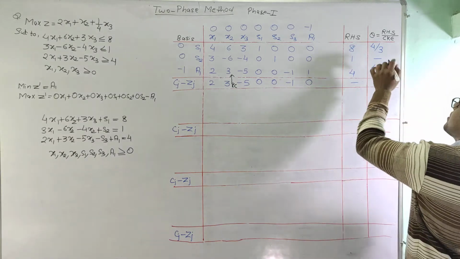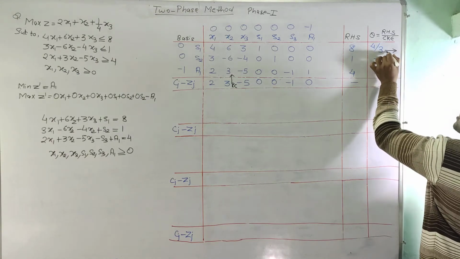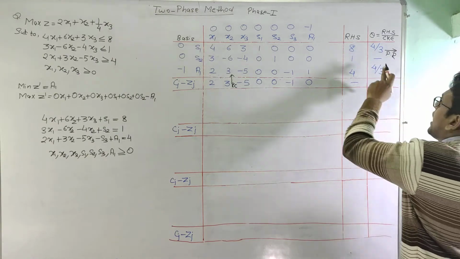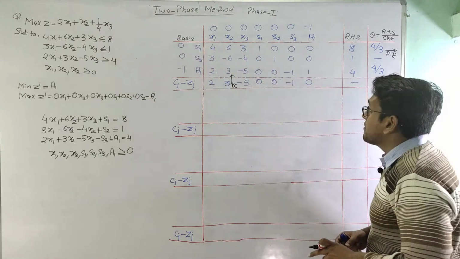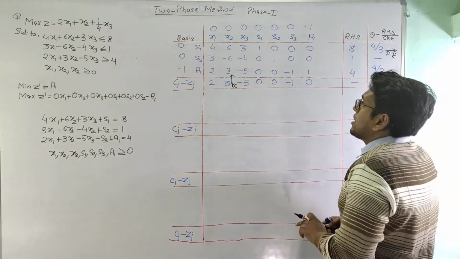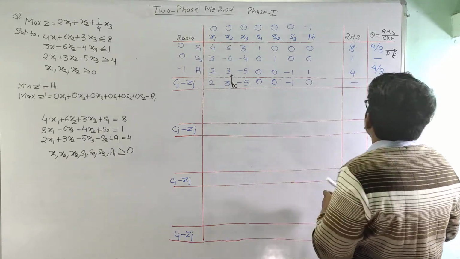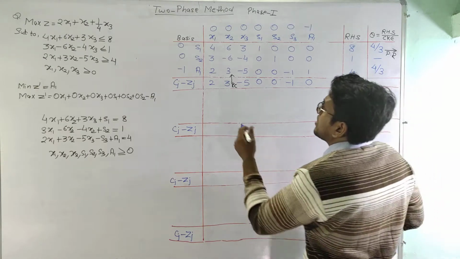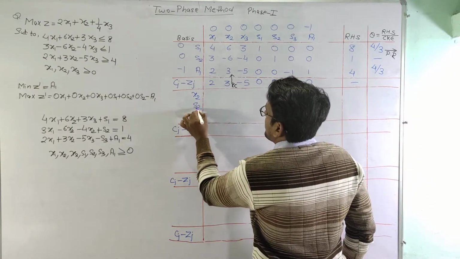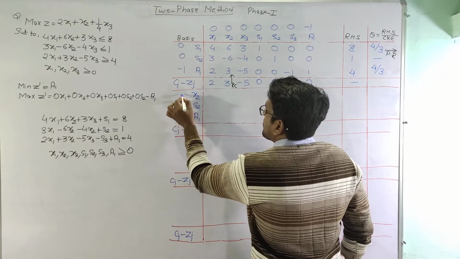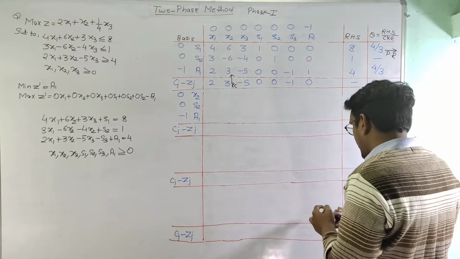So let us consider this as our leaving variable, that means this is our pivot row, and we have selected the variable S1 as our leaving variable. So now the variable x2 will replace S1. Let us write here x2, S2 and A1 with objective function coefficients 0, 0, minus 1.